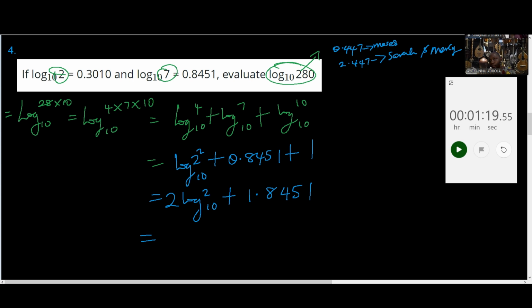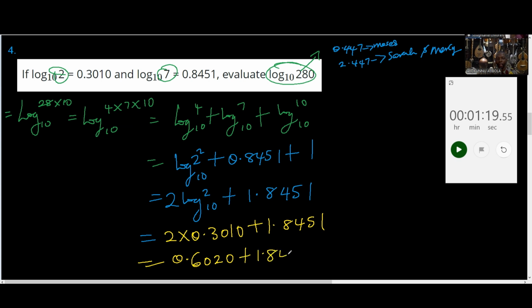So now we have been given log 2 base 10 as 0.3010. So we have 2 times 0.3010 plus 1.8451. So that's going to be 0.6020 plus 1.8451. Okay?